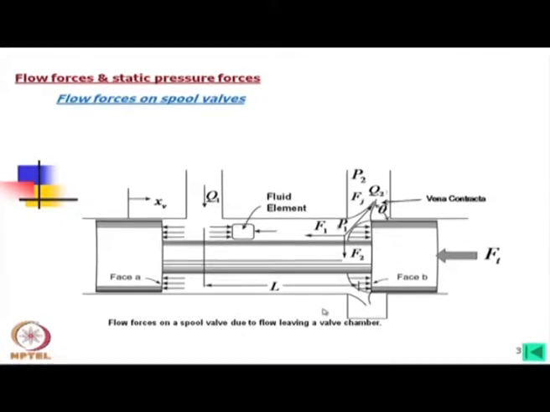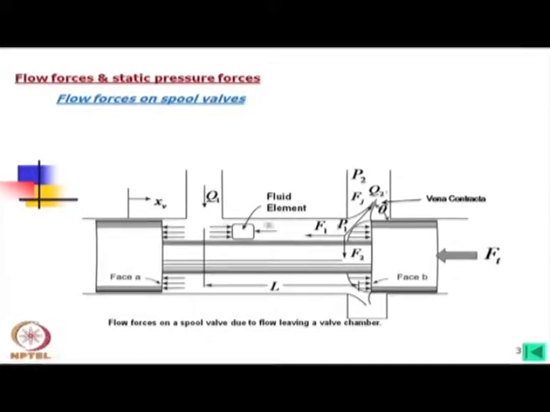In this figure, I have shown a portion of a spool valve with two lands and two ports. Apparently, when the right side port is closed, the left side port still remains open.